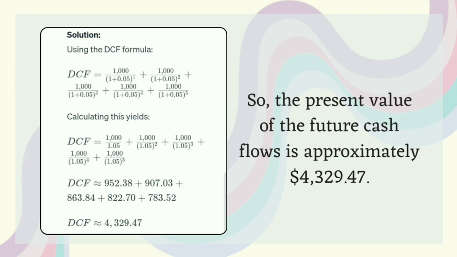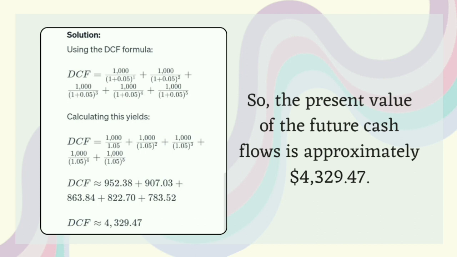So the solution is done that way because in the problem it states that the cash flow will generate $1,000 at the end of the year for 5 years. So that makes it 5 terms there.